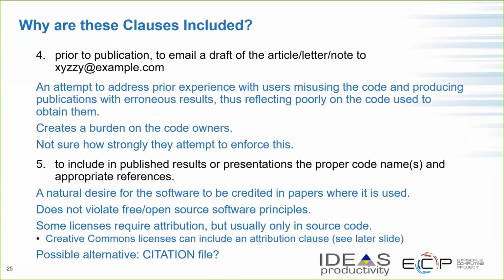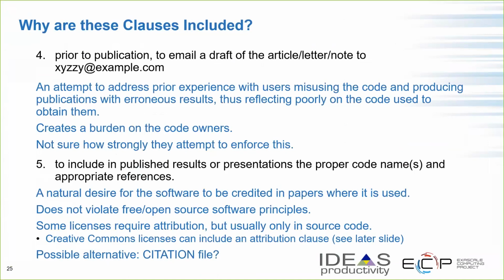That obviously would reflect poorly on the code, even though it's the user's fault, essentially. So that's probably an understandable concern for software developers if they don't know well the users of their code. But it obviously creates a burden on the code owners to respond to these things.